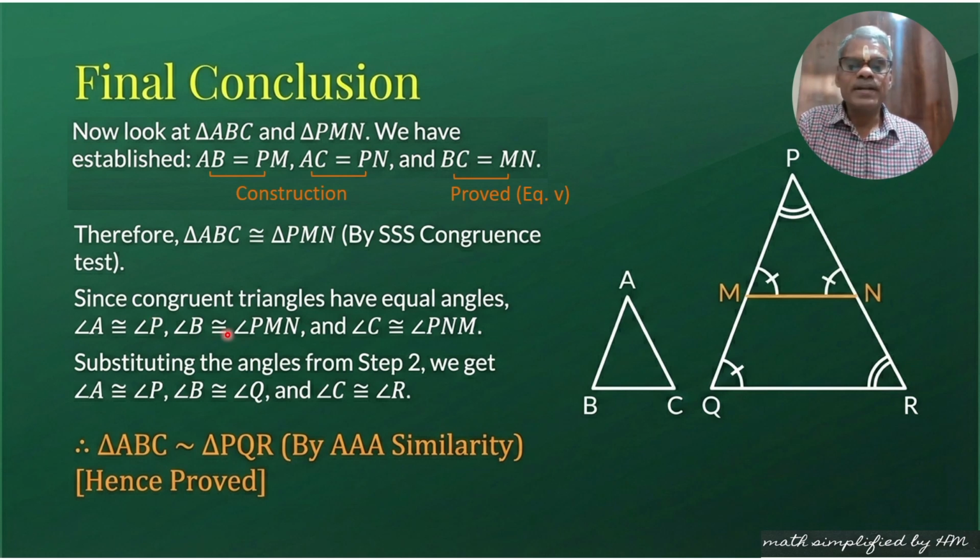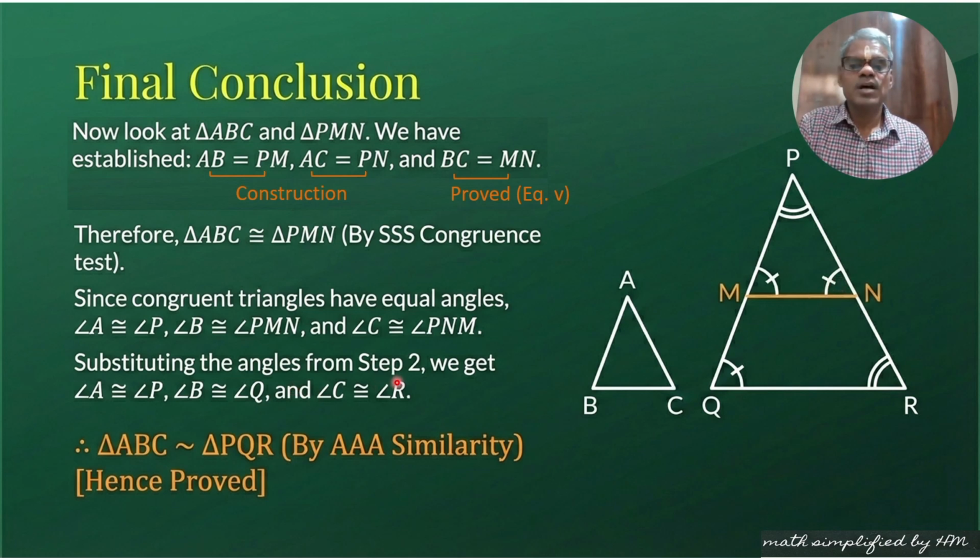Since congruent triangles have equal angles, we get angle A is congruent to angle P, angle B is congruent to angle PMN, and angle C is congruent to angle PNM.